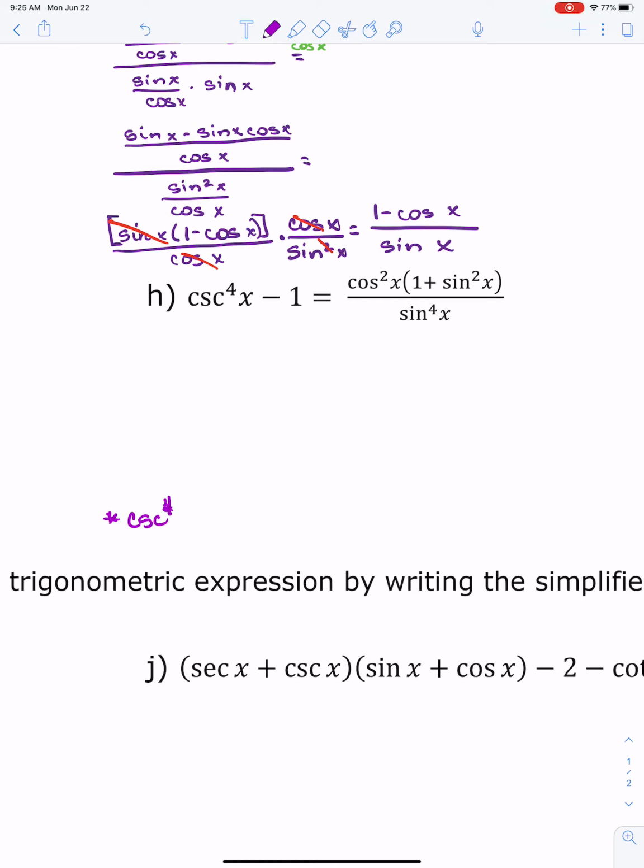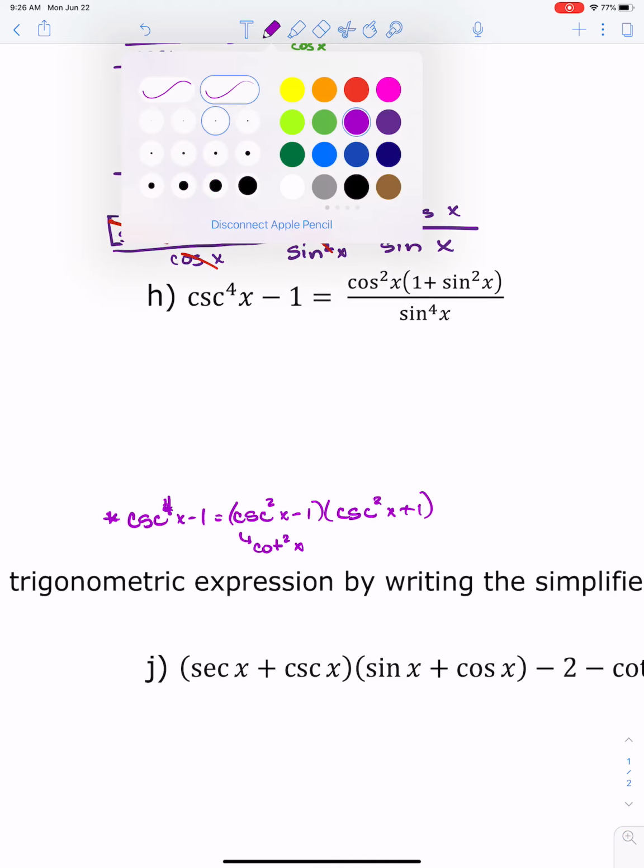That's a 4. Which makes me a little bit happier. I know that if I have cosecant squared x minus 1, that's the same as cotangent squared x. That just gives me a little flexibility in my thinking up here.